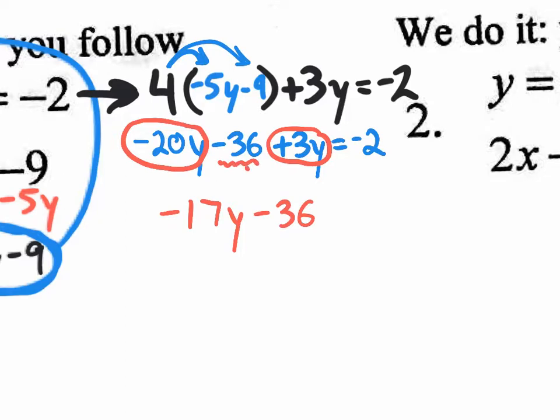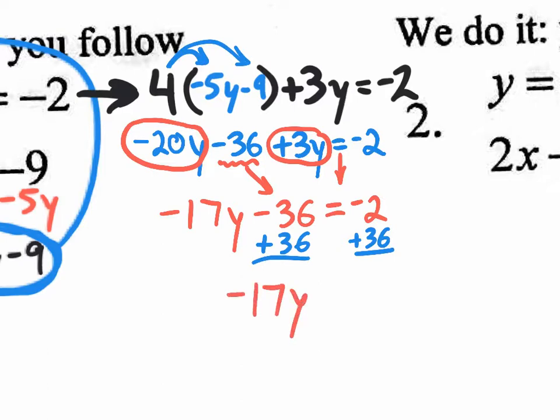That minus 36 just comes down. The equal sign just comes down. The negative 2 just comes down. And now I want to get y by itself, so I'm going to add 36 to both sides. And my new equation will be negative 17y equals 34.